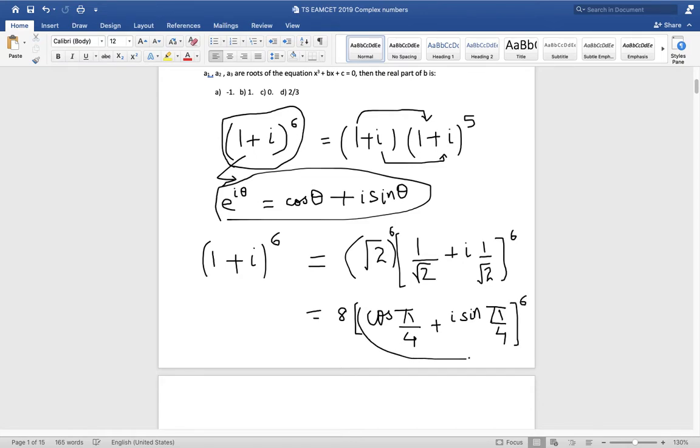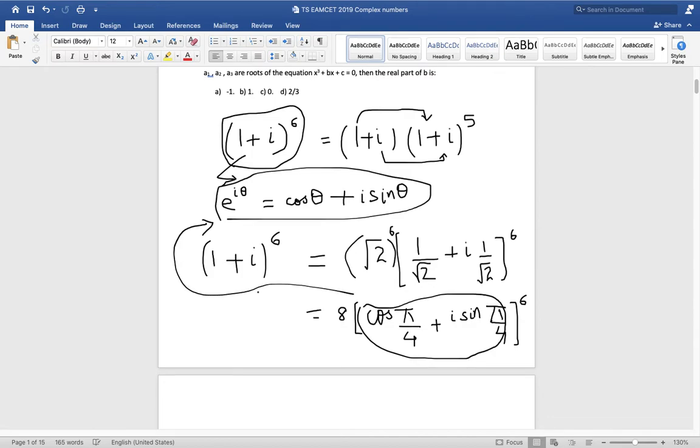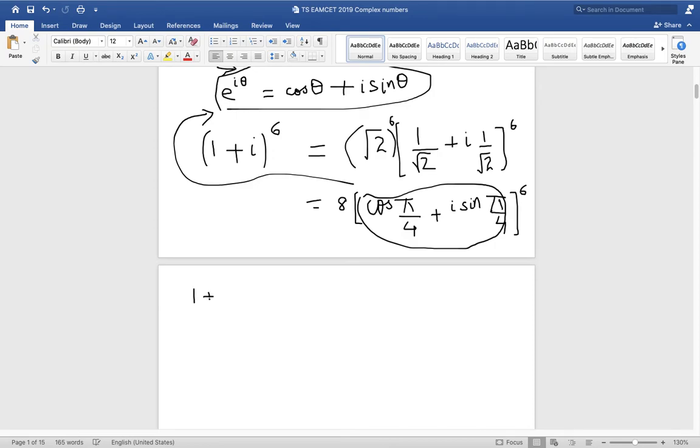Now this is a form which is looking like this, right? So my expression, which was (1 plus i) raised to the power 6, gets reduced to what? 8 into e to the power i pi by 4, and 6 here. So what we can do now is this: pi by 4 multiplied by 6 is 3 pi by 2.